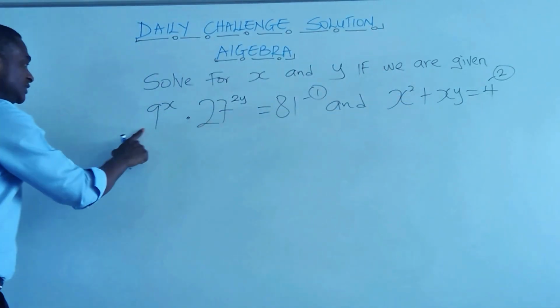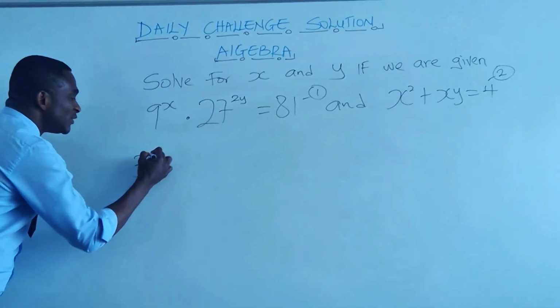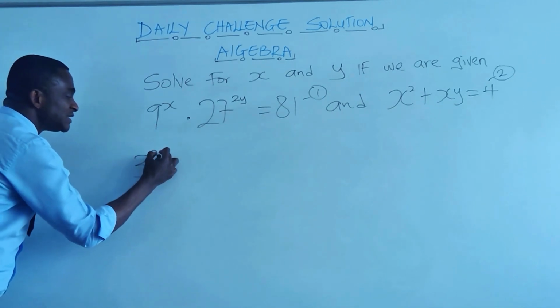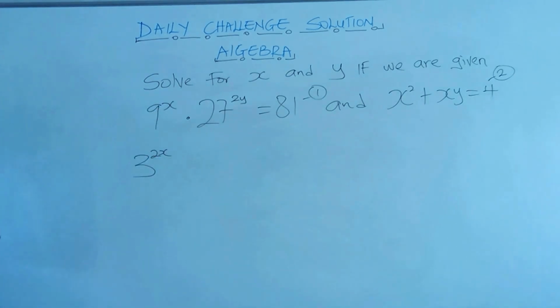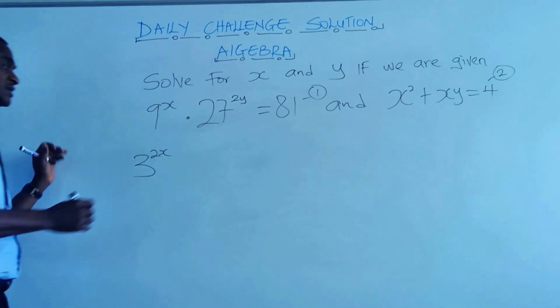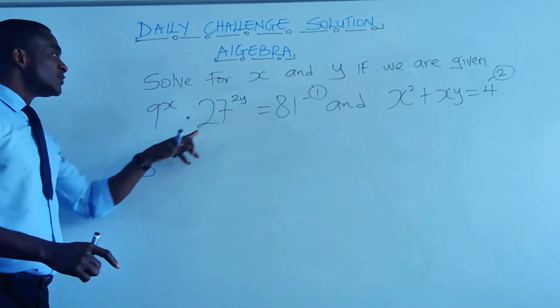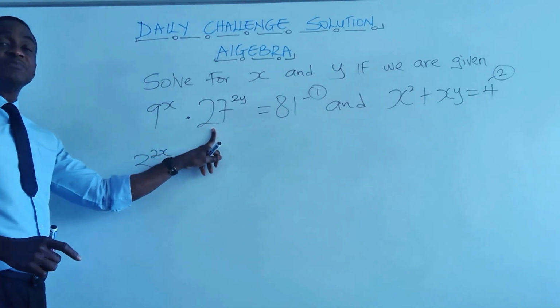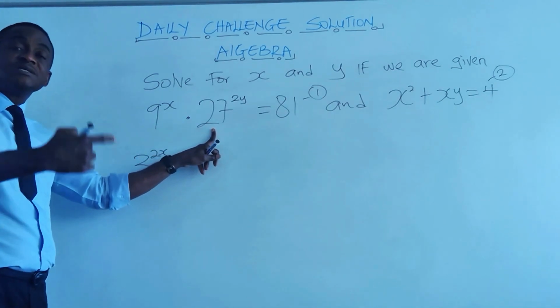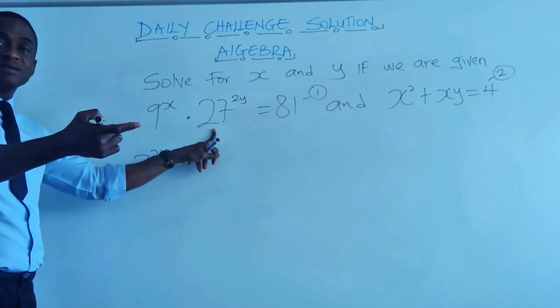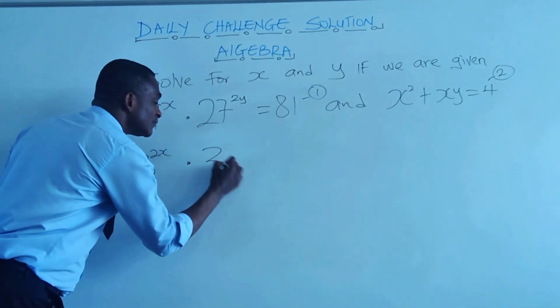Now let's go. This can be 3 exponent 2 because 9 is 3 squared, times x is 3 exponent 2x. Now, since we have started working with the base of 3, we also take 27 down to the base of 3. 27 is 3 times 3 times 3. That is 3 cubed.